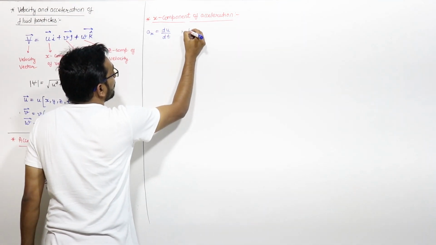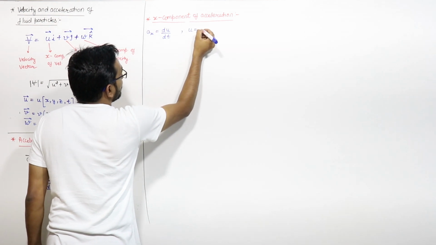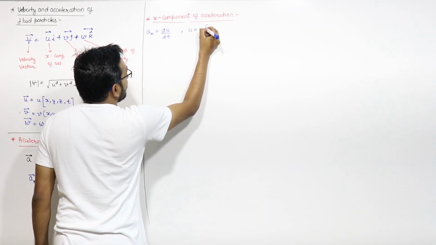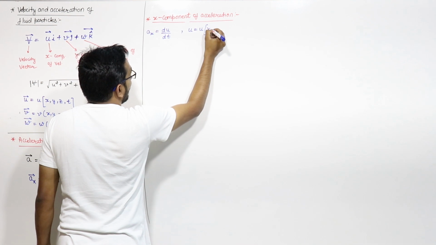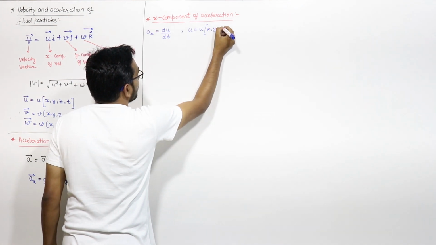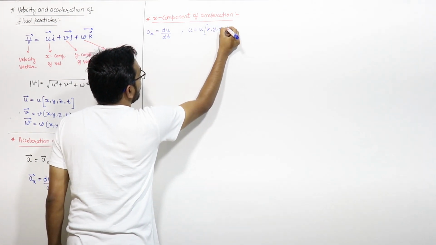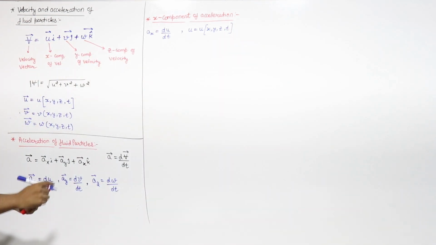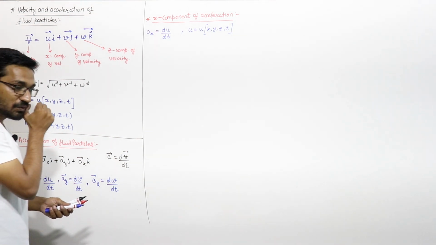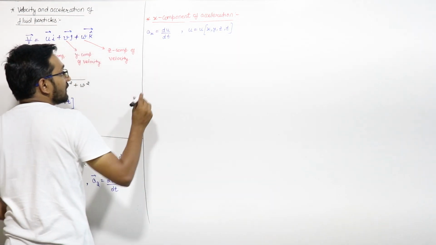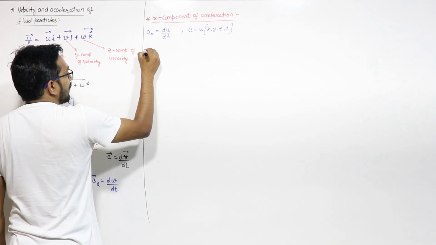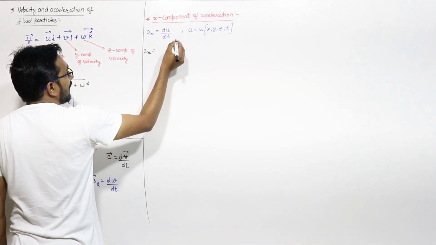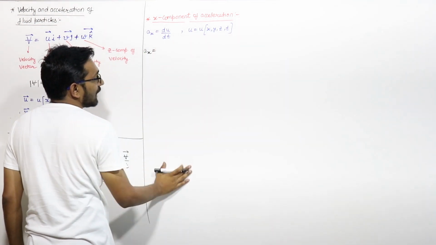We know from our previous discussion that the x component of velocity u is a function of x, y, z and time t. So if you want to find the x component of acceleration, you have to differentiate this with respect to time.